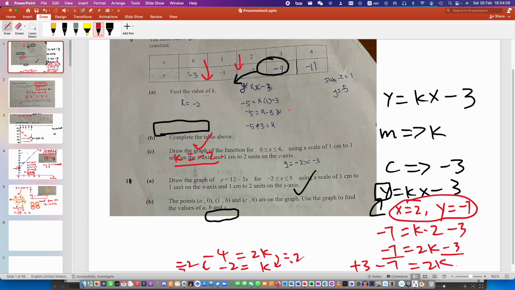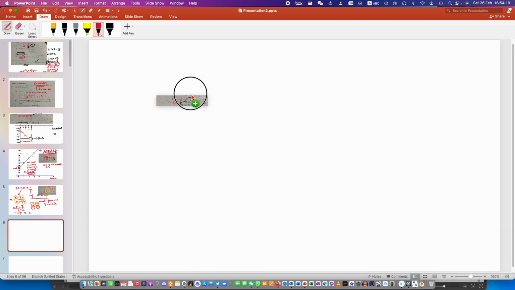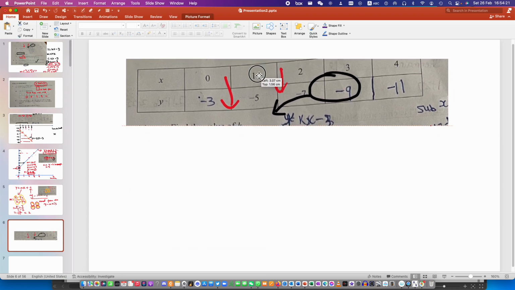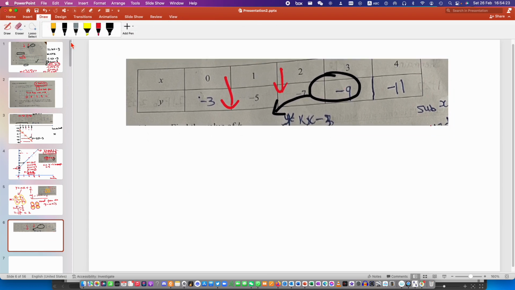This one. Once again, what's the formula for m? Can you still remember? m is equal to y1 minus y2 over x1 minus x2. Okay? Which two pairs do you choose? Shall we choose this?